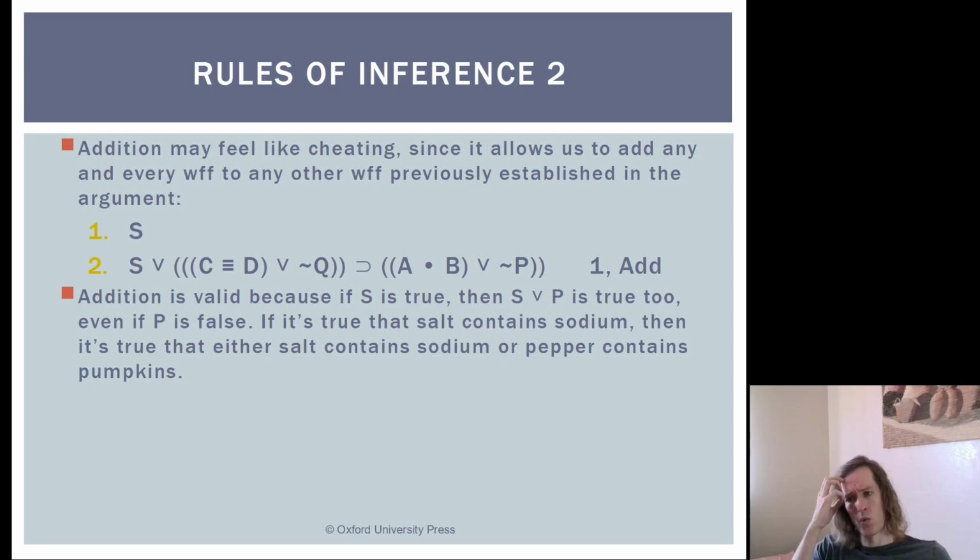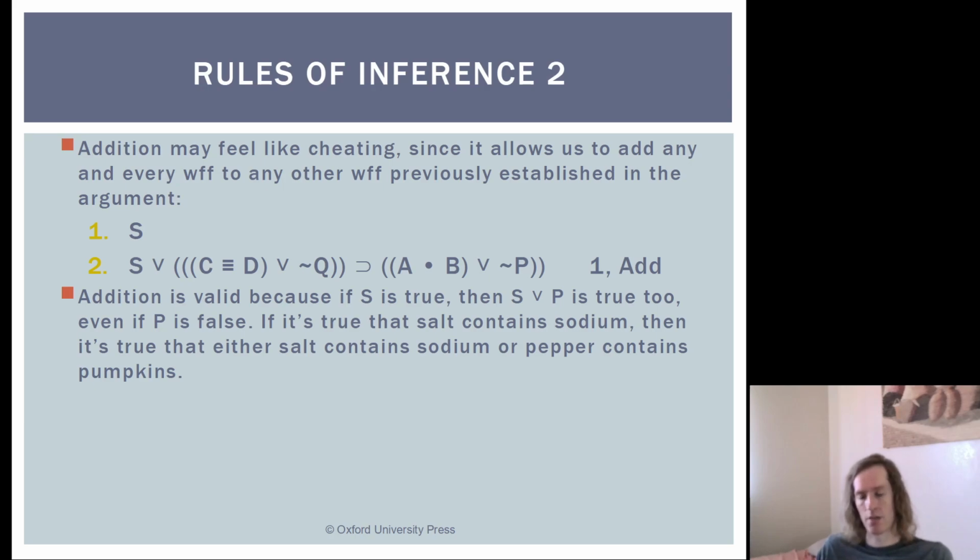So this one's a little weird. Addition may feel like cheating since it allows us to add any and every well-formed formula to any other previously established in the argument. So if we have one premise S, for the second premise, I can add whatever I want to it. In this case, I can add this rather long formula, and the justification is premise one, addition.